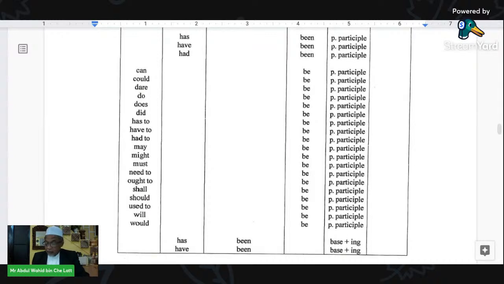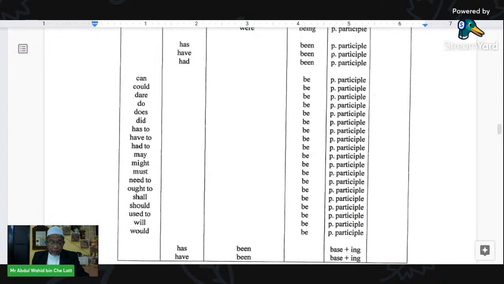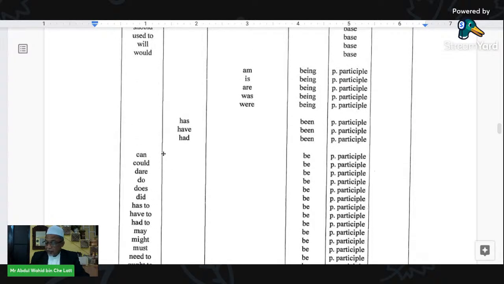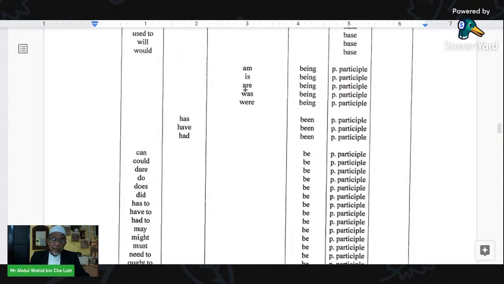Okay, now take your ruler and turn to page 21. Okay, put your ruler under the word are in column 3, because it is a factual related sentence. Yeah?